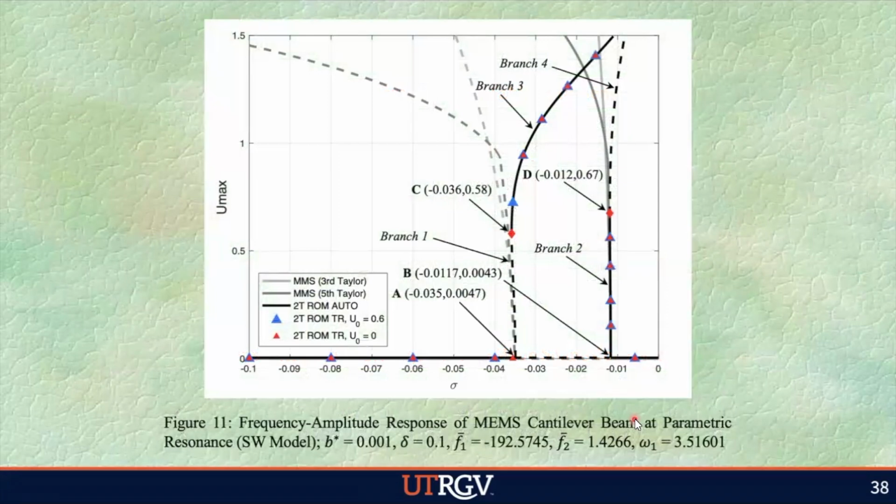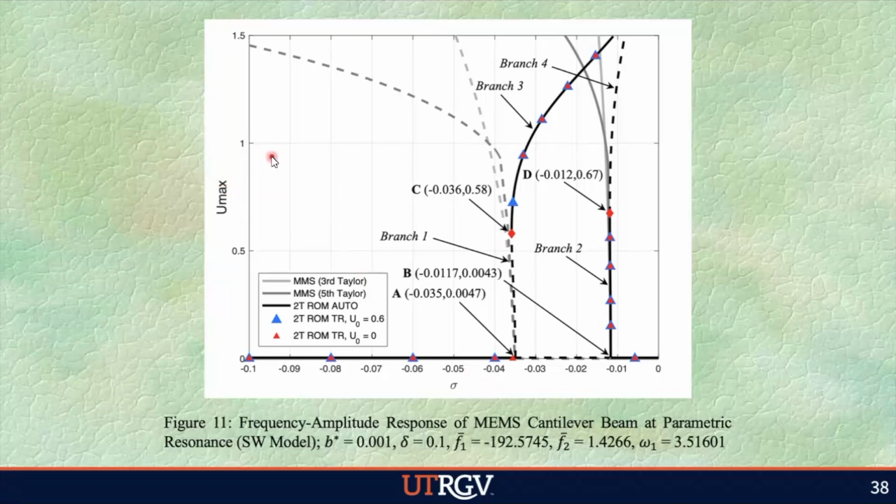This figure shows the frequency amplitude response for the SolidWorks model at parametric resonance. On the x-axis is the detuning frequency, which again tells you how far away you are from the natural frequency. And on the y-axis, we have U max, which is the dimensionless deflection at the tip of the cantilever.